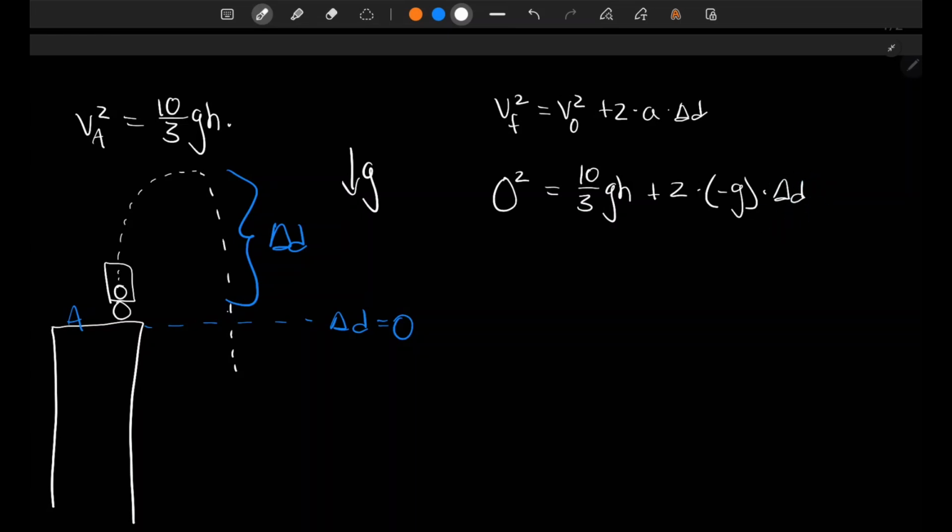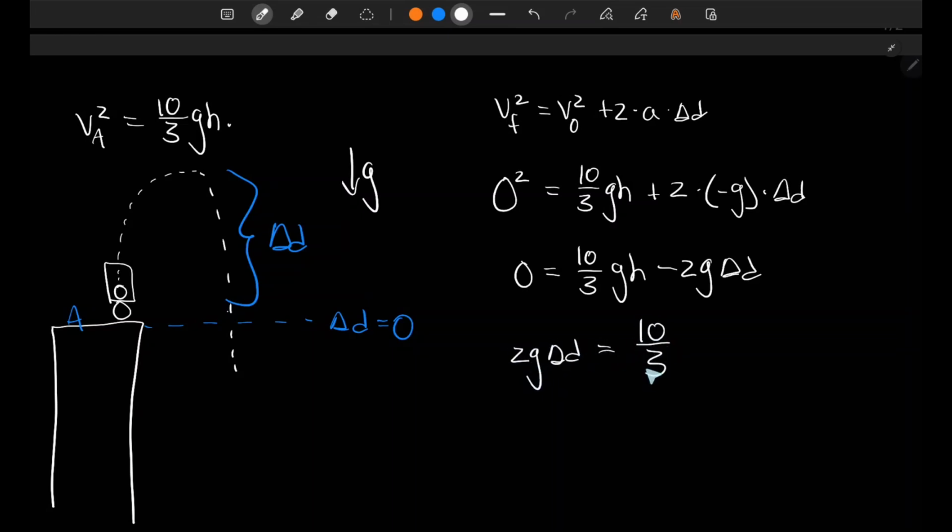And that's the delta d that we want. We don't know it yet. So this is 0 is equal to 10 over 3 times g times h minus 2g delta d. We can then add over this guy to the other side. So this becomes 2g delta d is equal to 10 over 3 times g times h.